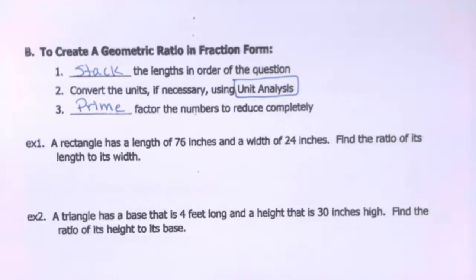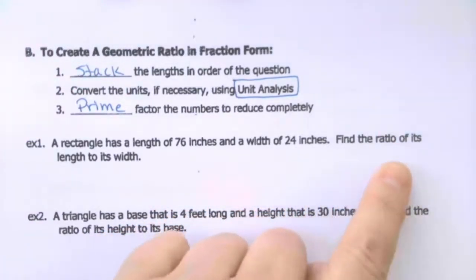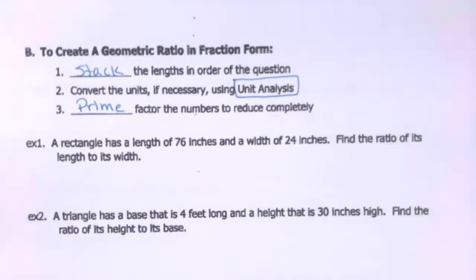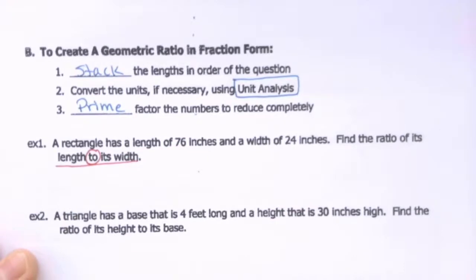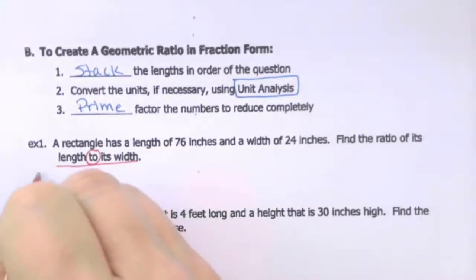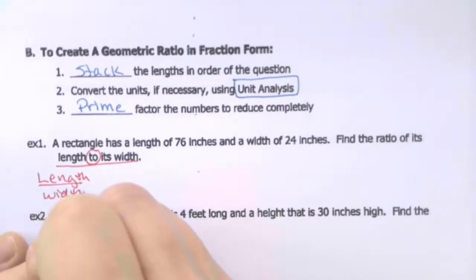The example says, a rectangle has a length of 76 inches and a width of 24 inches. Find the ratio of its length to width. Okay, length to width, to remember is the fraction bar. That means that length is going to go on top and width is going to go on bottom.